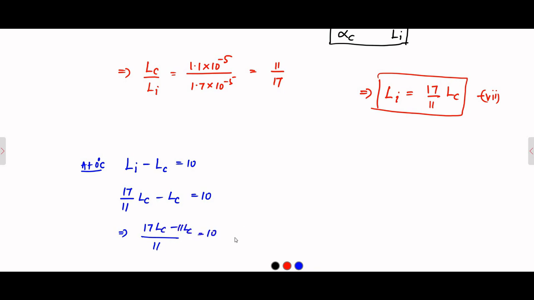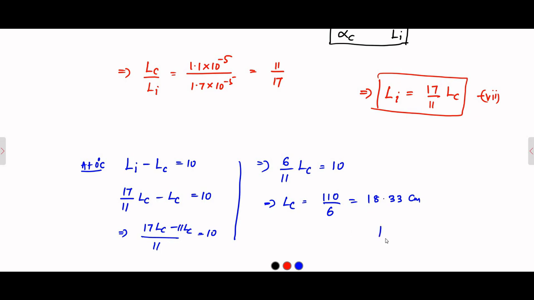That implies 6 by 11 Lc is equal to 10. That implies Lc is equal to 110 by 6, which is coming around 18.33 centimeters.